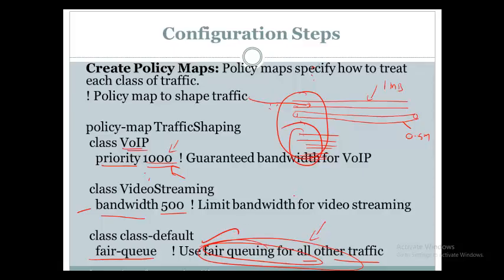All right, now this is what we call shaping. For voice, you have put this much. What if voice traffic is more than 1 meg? It will be placed here automatically. What if TCP traffic is more than this? It will be placed here. It won't get dropped. It will be placed in a low priority queue.